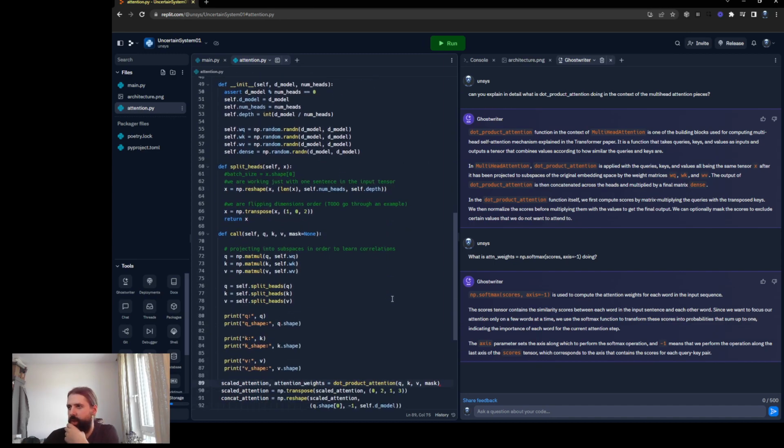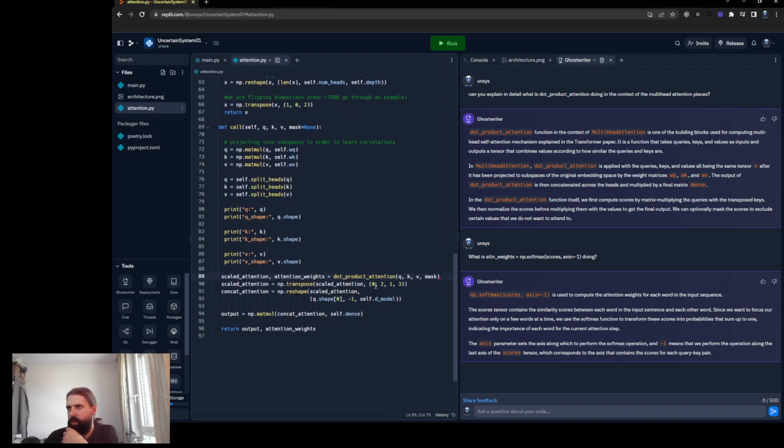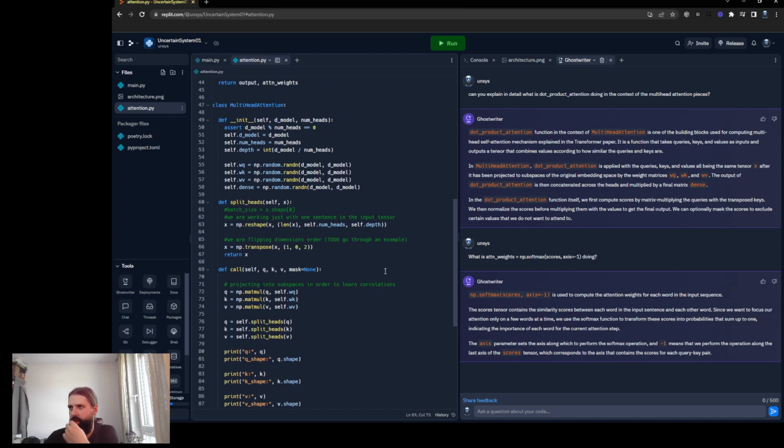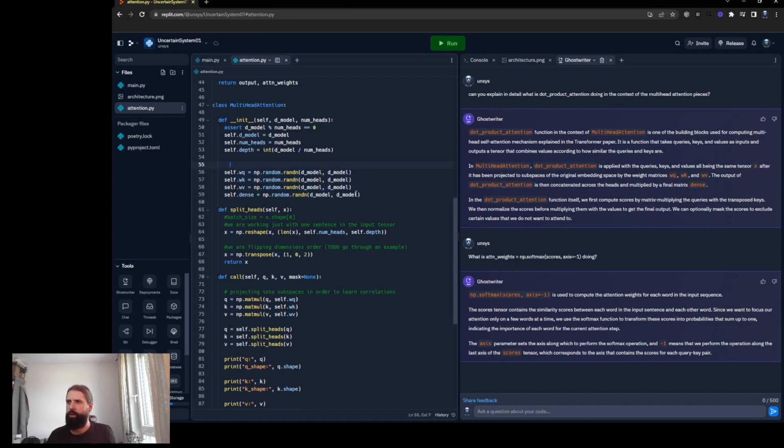It actually gets tricky to follow because, at a high level, it kind of makes sense. We're doing the projection. I have to remember why D model times D model.